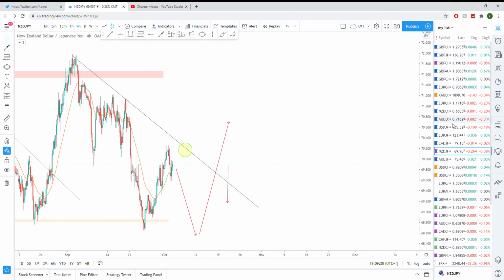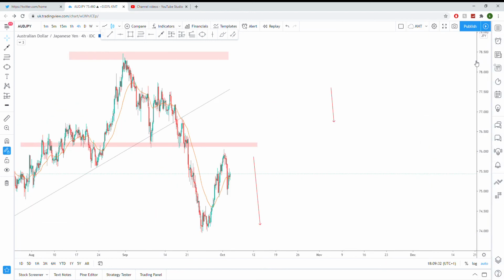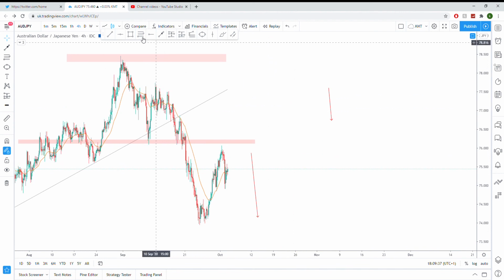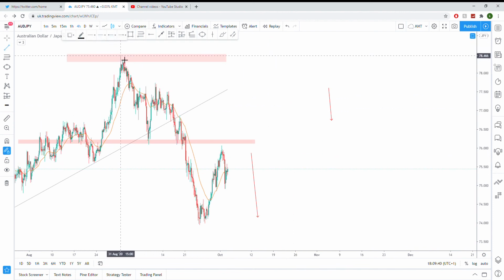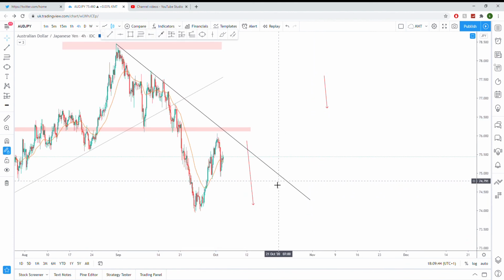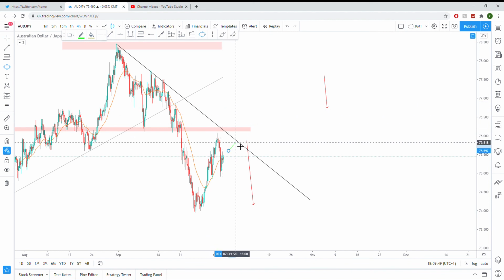And pretty much the last final pair that we're going to be looking at today, because we're going to cover the next 2 pairs tomorrow, is AUDJPY. So again, same sort of scenario here. I'm using this downtrend here as just a nice guidance tool, and I'm pretty much using this area of the market to indicate if price does come to our downtrend, are we going to push higher, are we going to push lower, and ultimately we could be looking out for some scenario like this and then a push lower.